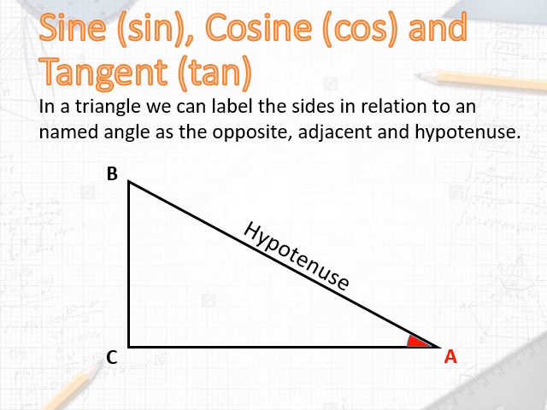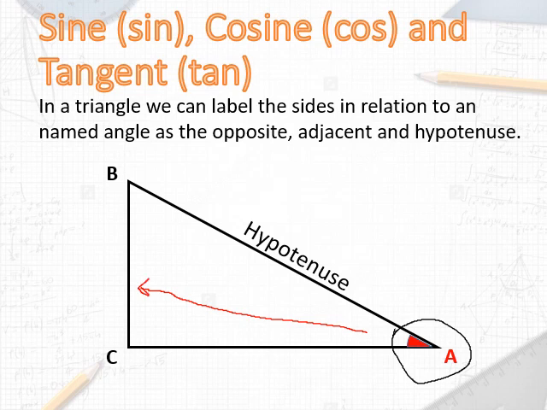If we move to the same triangle, but I want to talk about angle A, or solve for angle A, or in relationship to angle A, there is an opposite side of the triangle and there's an adjacent side. You should already be familiar with opposite being across, so we should be able to identify the opposite side to an angle.